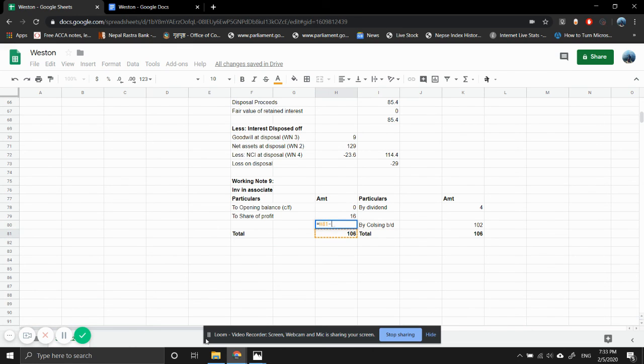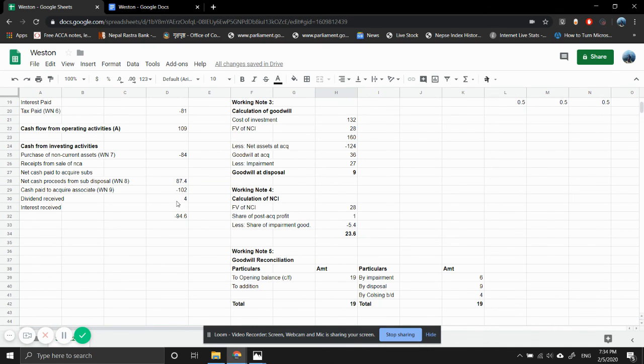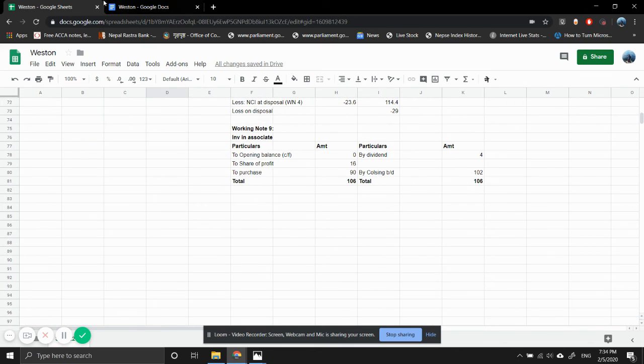So this figure minus 16 will give us our investment to purchase, H80. Okay, that's pretty good. Should be minus. So that's pretty much it.